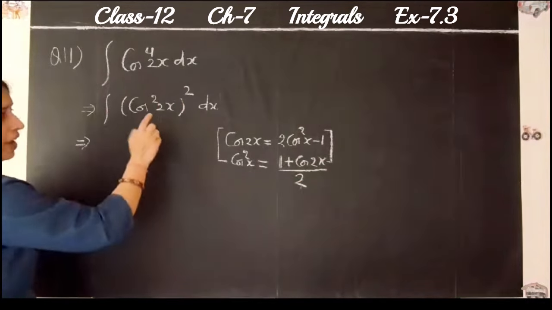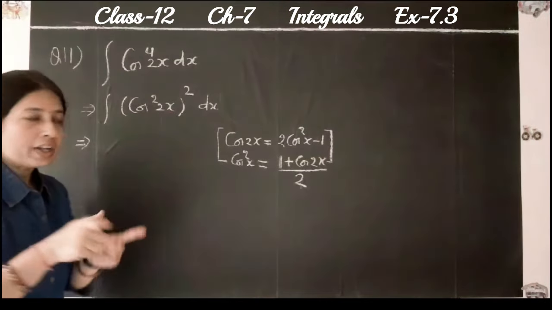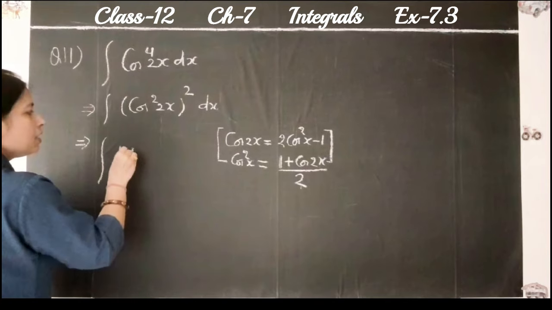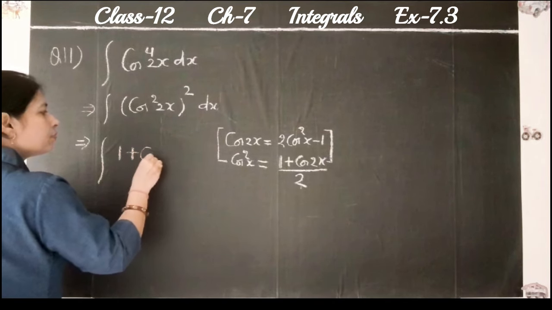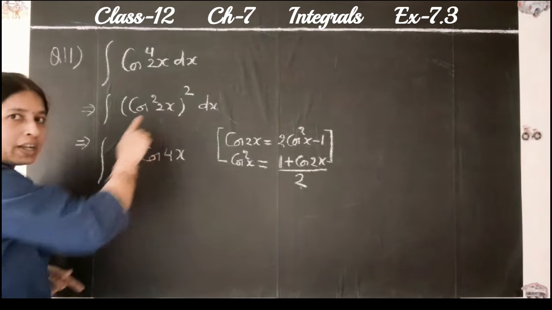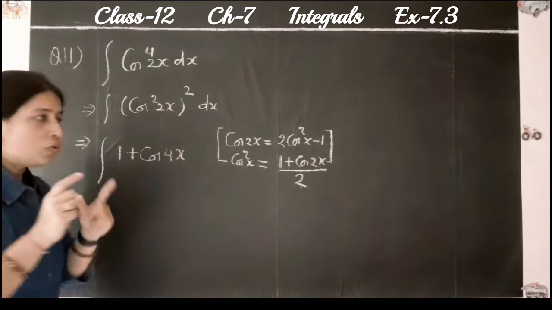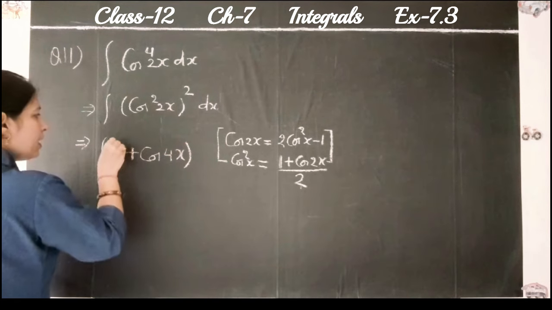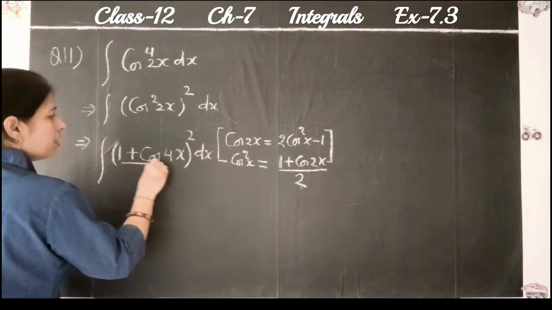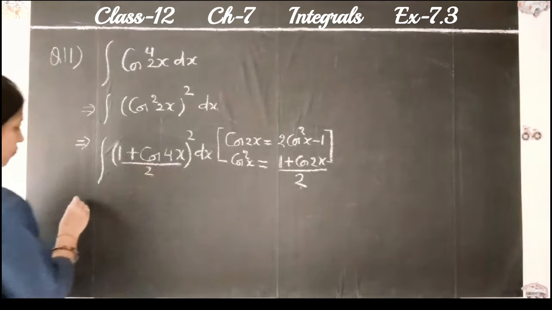So in place of x, here it is given 2x. So it will be the integral of (1 plus cos 4x, since here it is 2x so it will be 4x) whole square, dx, divided by 2 also.